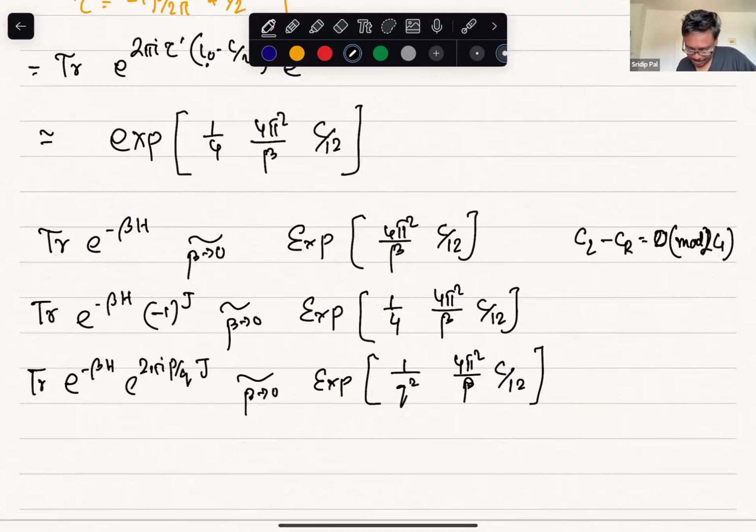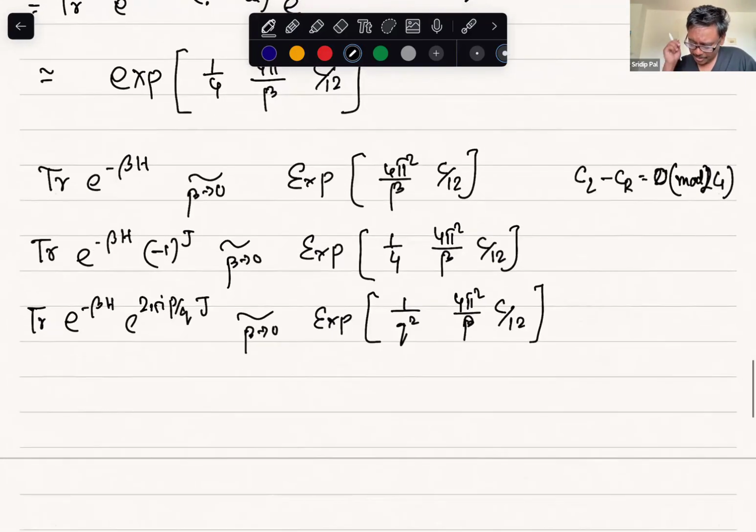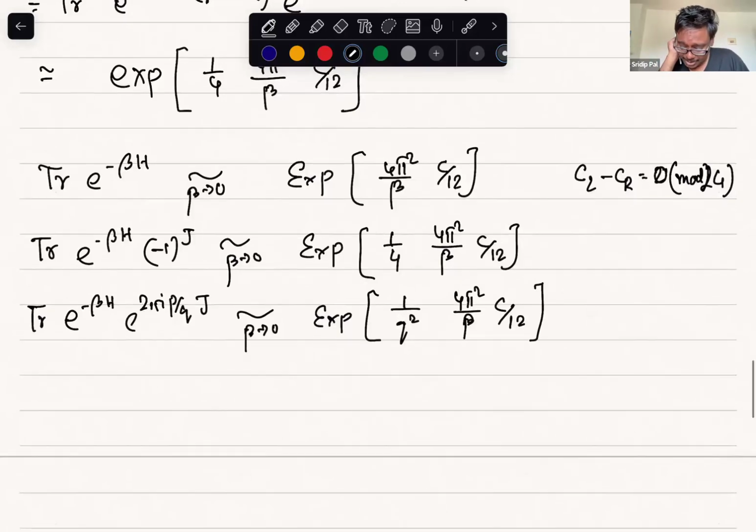Okay, thank you. Sorry. So one of the main points of telling you this is the following: if someone tells you the answer for the partition function Tr e^{−βH}, how it behaves in the high temperature limit, from that you can immediately read out the central charge, this coefficient.